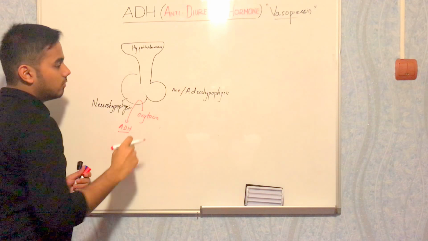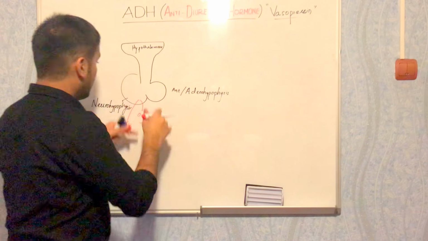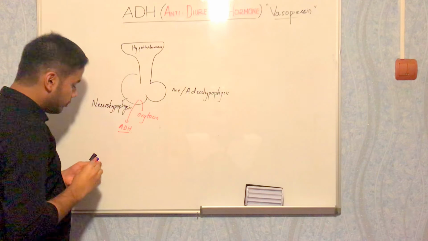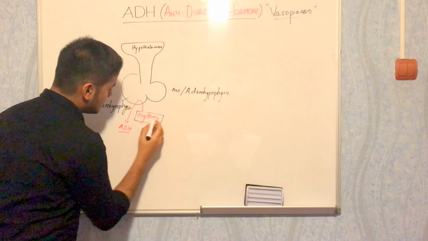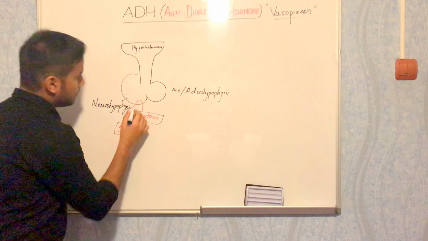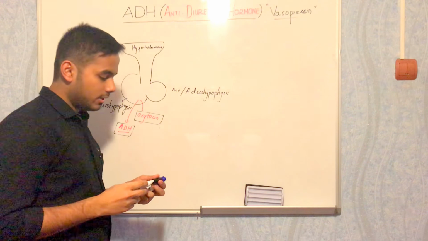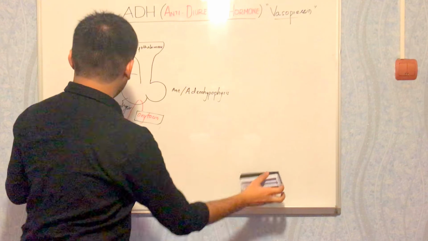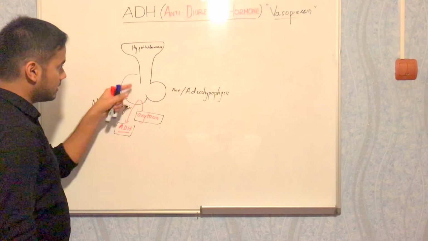No one is going to ask you what hormones are released from the anterior pituitary, because there are many of them. But from the posterior pituitary, there are only two hormones released. So definitely this will be a question in your medical exams. One is oxytocin and the next is ADH, right? So this is how ADH is secreted, and this is from where ADH is secreted.